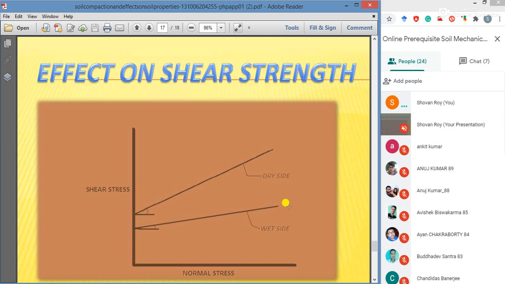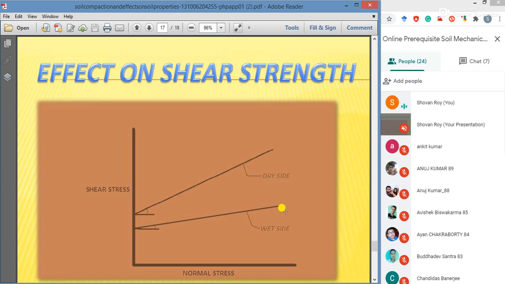But as we know, due to the presence of water, soil can change its density, because when soil contacts water or moisture, the density of the soil will automatically decrease. But if we maintain proper weight, proper pressure, proper confining situation, then normally soil will maintain its density in any kind of circumstances.